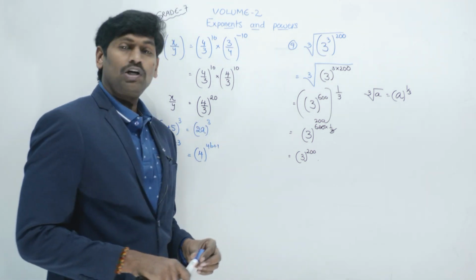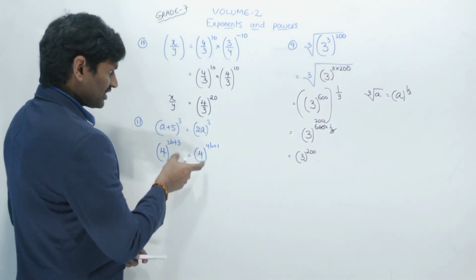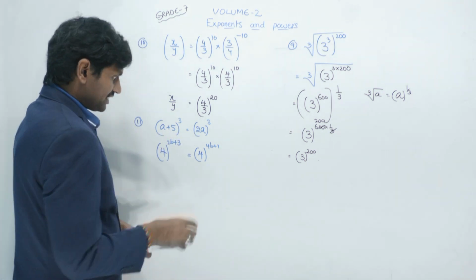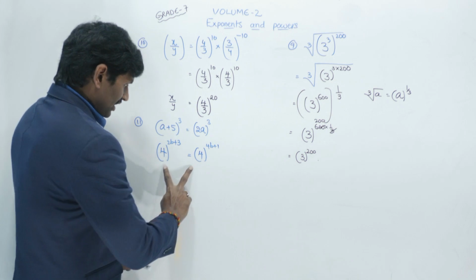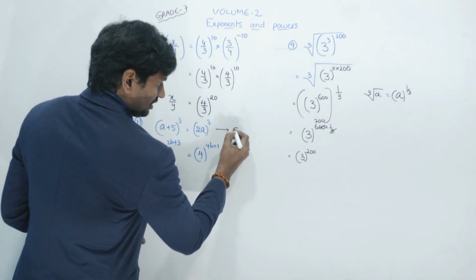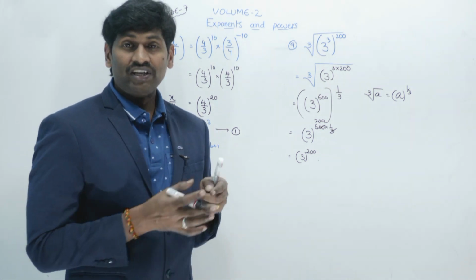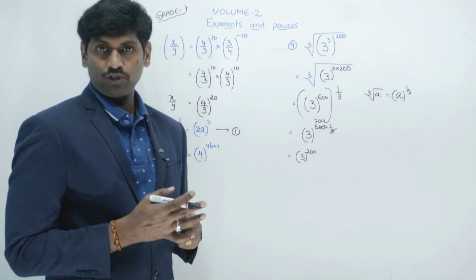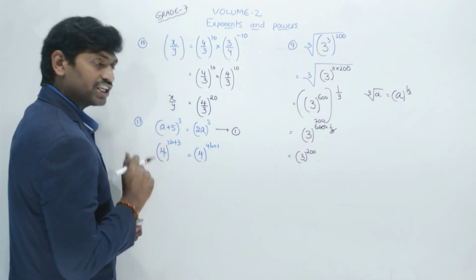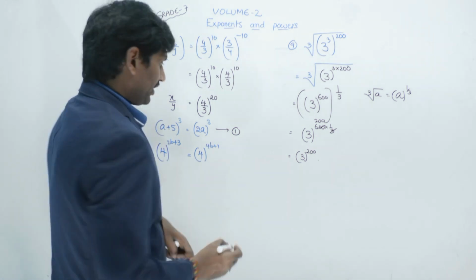So according to the problem, there are two equations given. While you are observing the first equation and the second equation, in the first equation both are having equal exponents, so we can equate the bases. In the second equation the bases are equal, so we can equate the exponents.